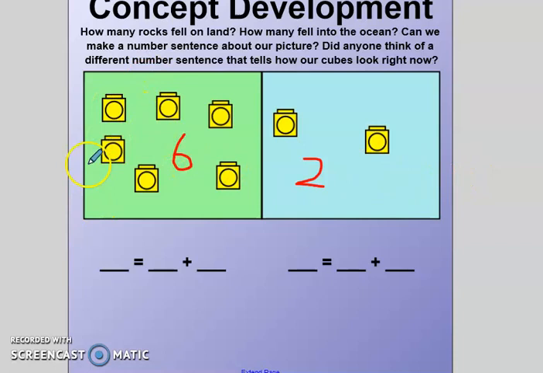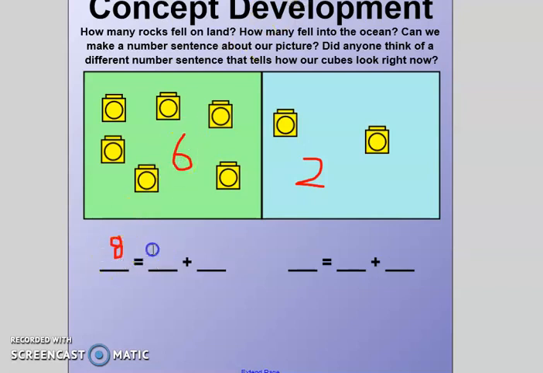Okay, so let's write our number sentence. We need our whole first because that's the first part of our number sentence. Here we go. 1, 2, 3, 4, 5, 6, 7, 8. So 8 is our whole. Equals how many were on land? I'm actually going to try something, guys.